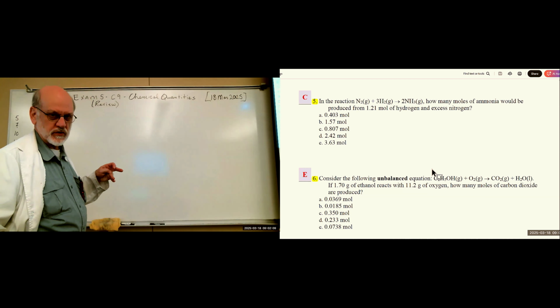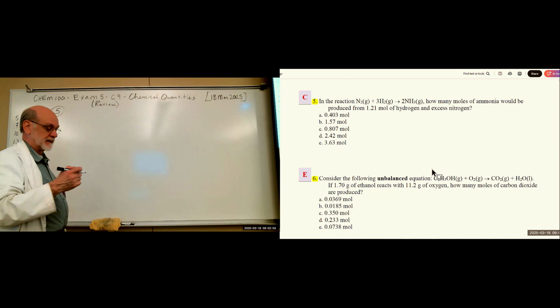In the reaction, nitrogen plus hydrogen yields ammonia. How many moles of ammonia would be produced from 1.21 moles of hydrogen and excess nitrogen? The reason I'm starting here is this gives you the balanced equation. You don't have to balance the equation. You don't have to write the equation from the text.